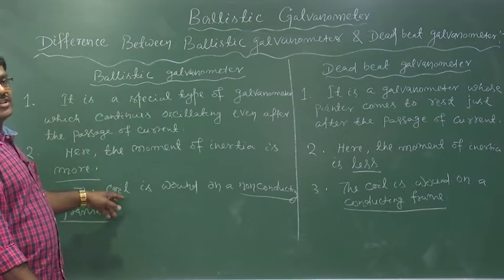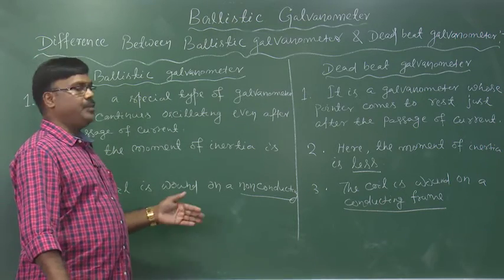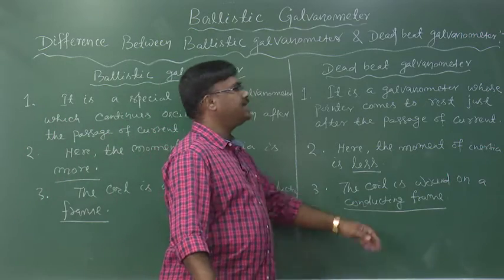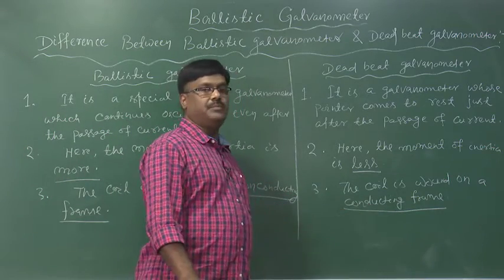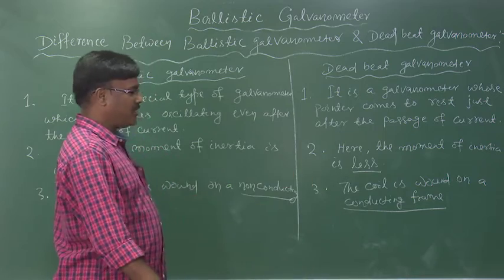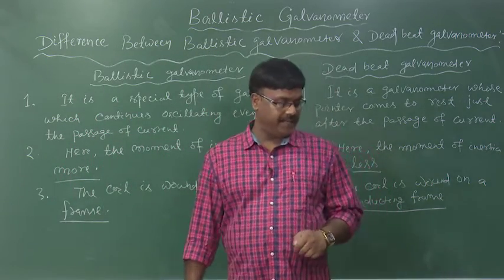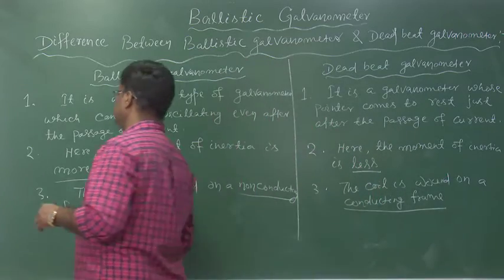Here the non-conducting frame may be of bamboo or ivory, whereas in case of deadbeat galvanometer the conducting frame may be a soft iron, and here the electromagnetic damping is very small.